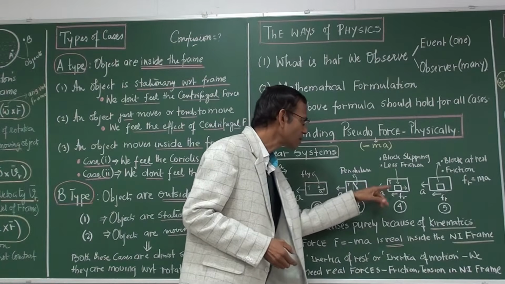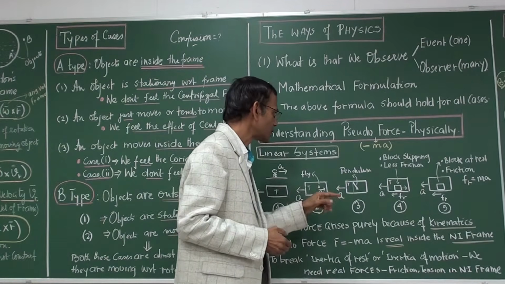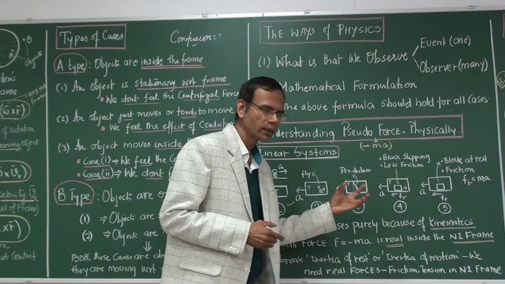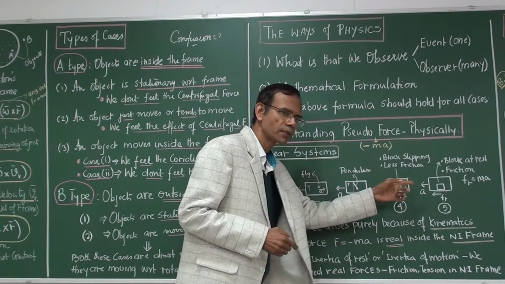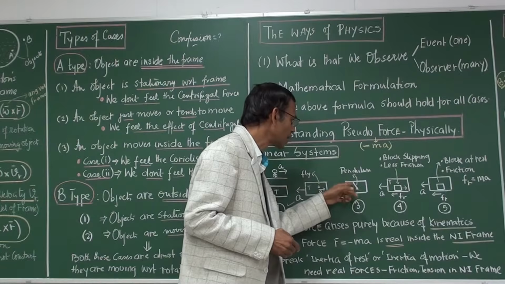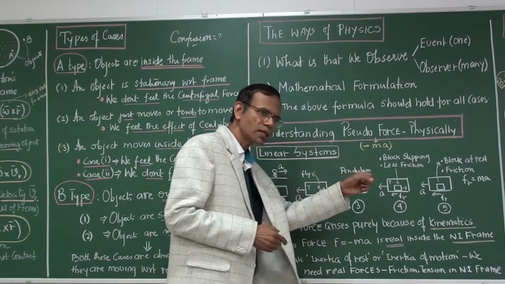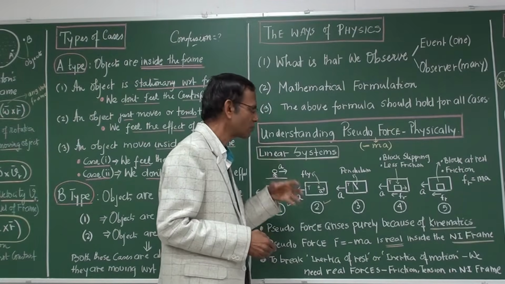If we go to the other cases, that is your 3, 4 and 5, what happens there? Now the object is not independent. Now it is interacting with the frame. How? Here it is interacting through a string. So there is a tension force which pulls the body, and that is how it gets the acceleration.